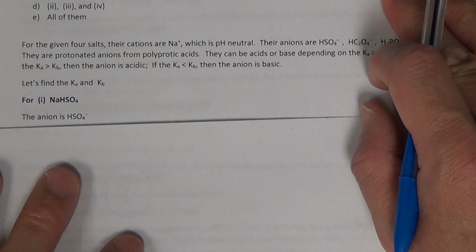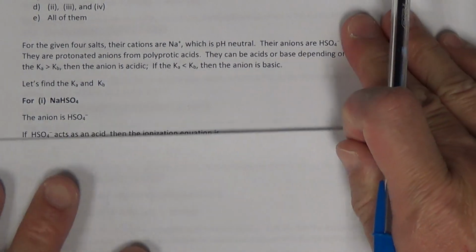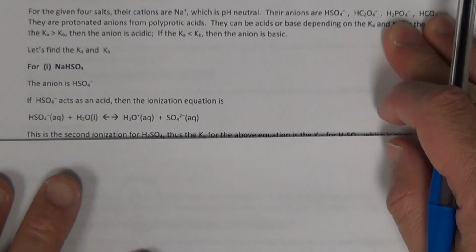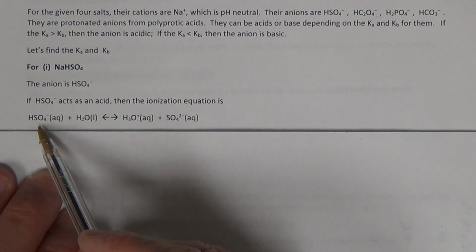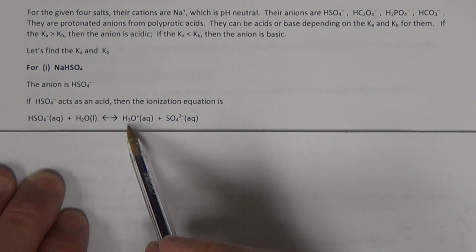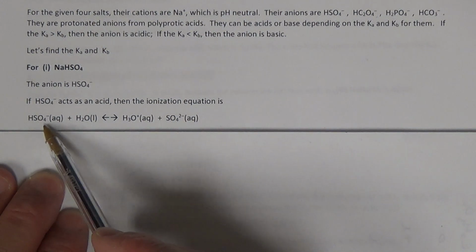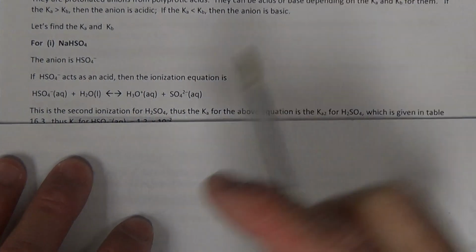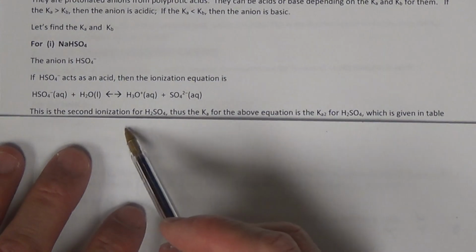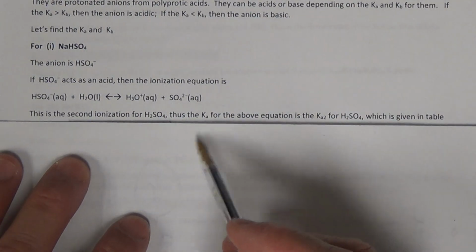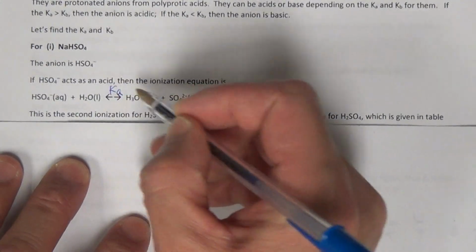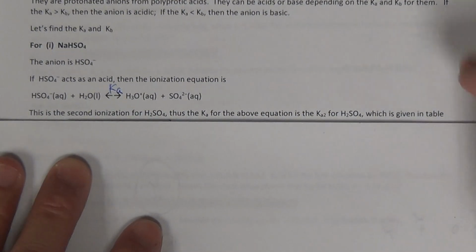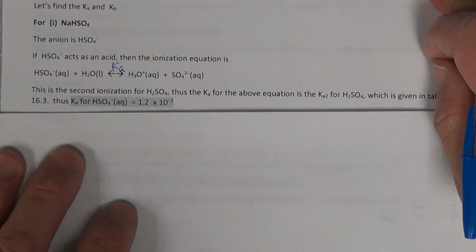For the first one, HSO4 1 negative, if HSO4 acts as an acid, the ionization equation is this. It donates the H plus to water to become H3O plus, and HSO4 1 negative becomes SO4 2 negative. This is the second ionization of H2SO4, so the Ka for this equation is actually the Ka2 for H2SO4, which is given in table 16.3.